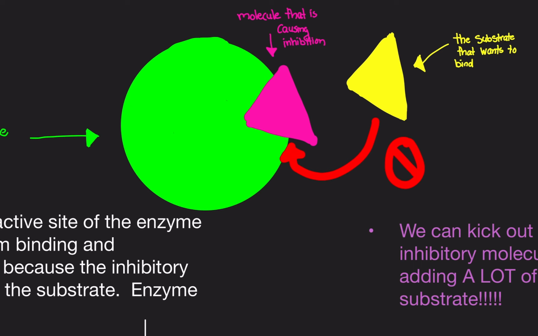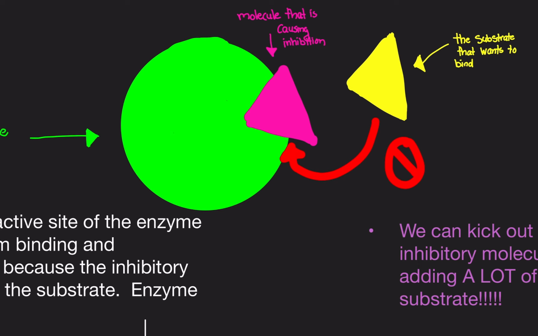Well, what's happening is this competitive inhibitor is binding to the active site where the substrate should bind. So it's basically in the way. The substrate is not able to actually bind to the enzyme because it's being blocked by this inhibitory molecule. This is what competitive inhibition is.